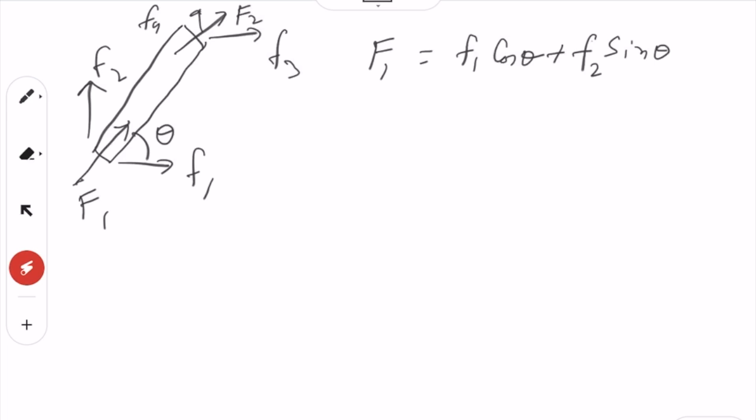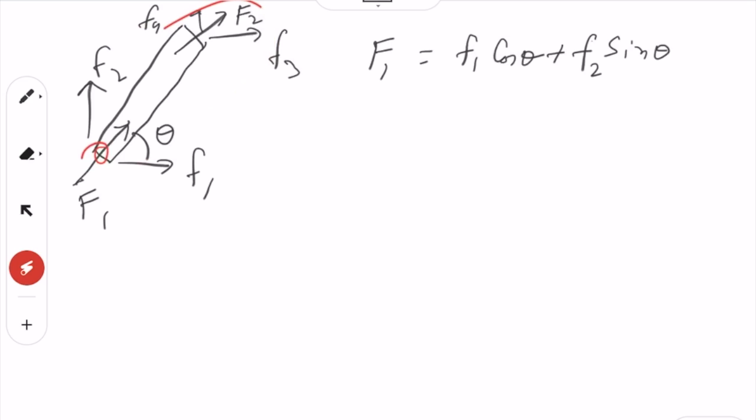What is the value here? The value here will be 0. As we know, this is a truss system, so there is no force perpendicular to this bar. Basically, at the joint it can have force in any direction, but the force that the bar takes is always along its length only.